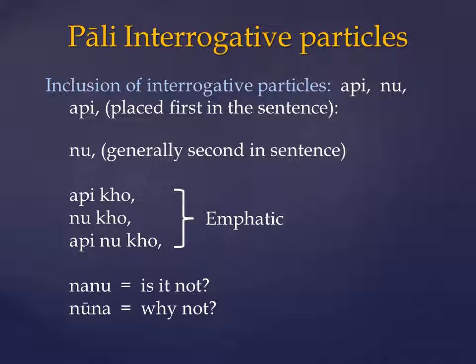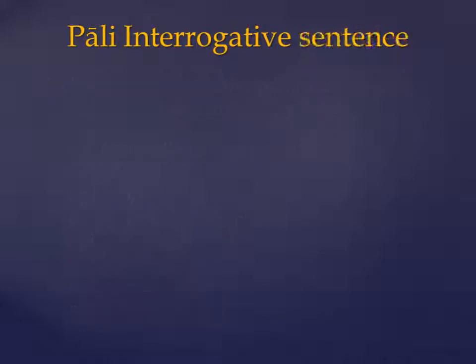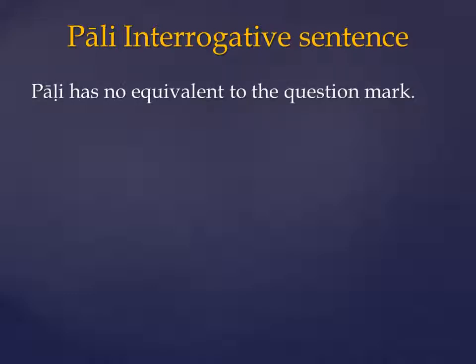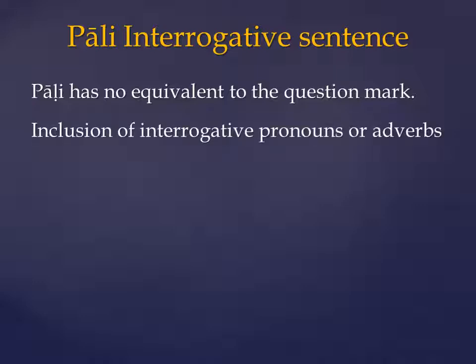So, that brings us to the end of our look at the interrogative sentence in the Pali language. What we've seen is that Pali has no equivalent to the question mark, but we can tell if a sentence is a question if it includes an interrogative word, like a pronoun or an adverb.